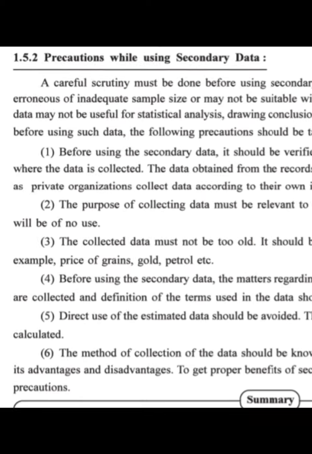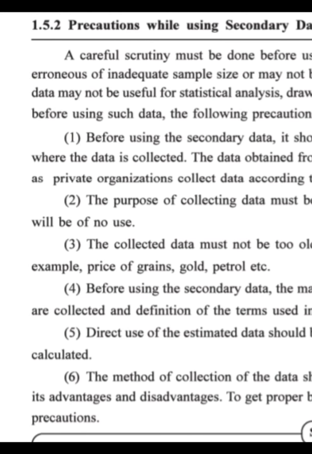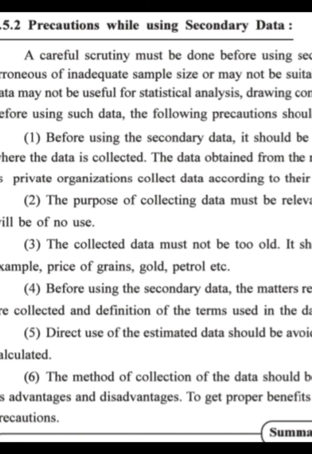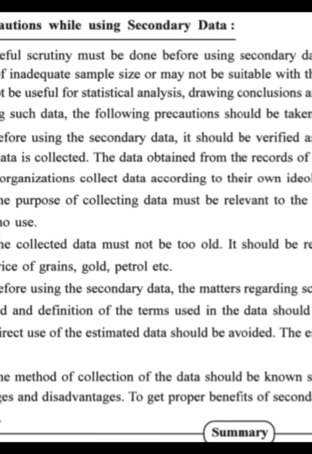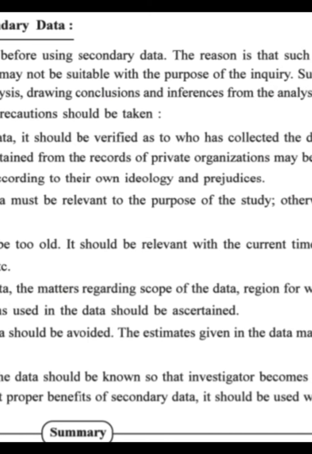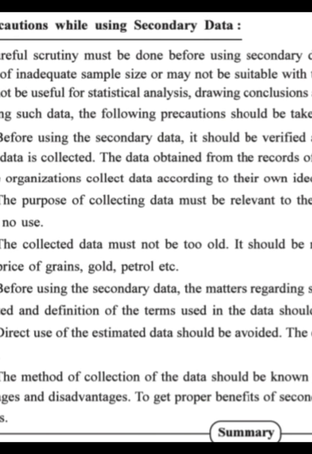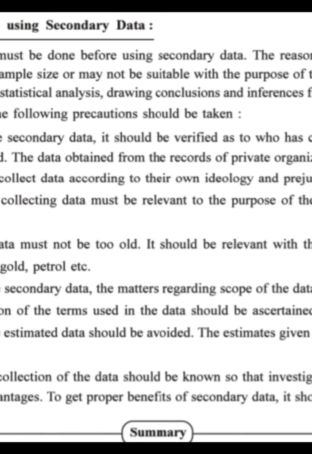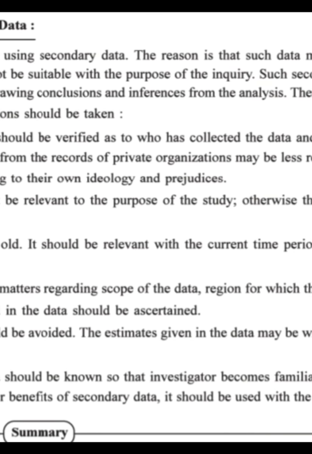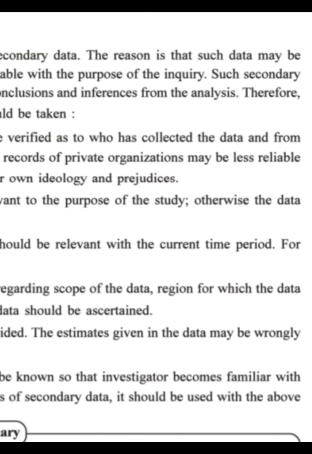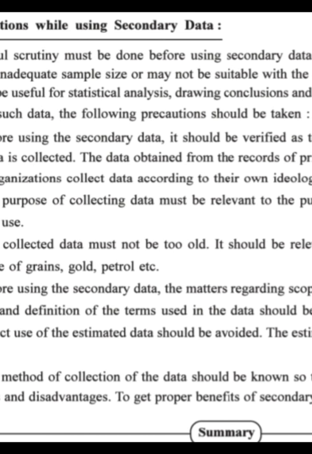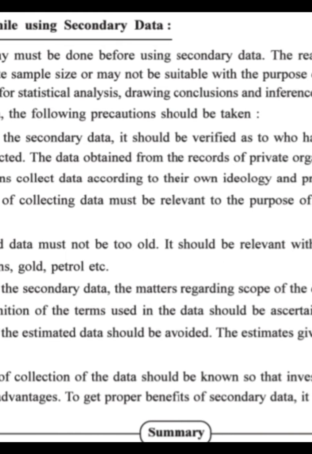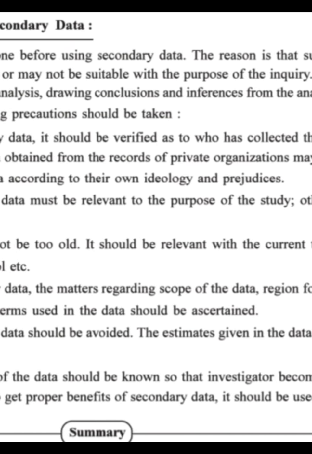Similarly, now the fifth precaution: the direct use of estimated data should be avoided. The estimates given in the data may be wrongly calculated. Whatever estimates and numbers are being used by the private bodies should be verified and checked properly, because it might happen that the estimates given by such bodies are wrongly calculated or wrongly given.